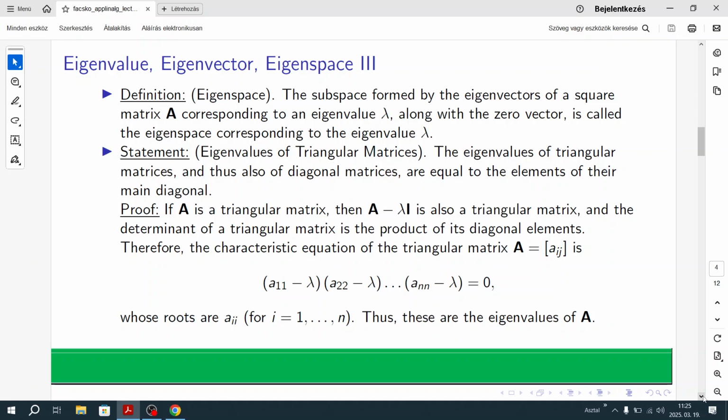This one is 0, this one 0, everything else is 0. So these are the three eigenvalues, which is interesting. Okay, this is just an example. Life is easy with triangular and diagonal matrices.